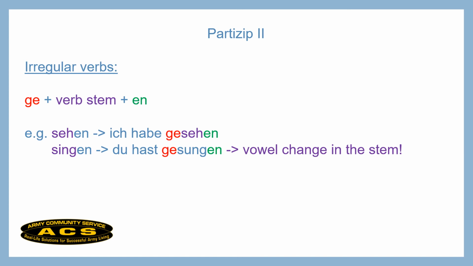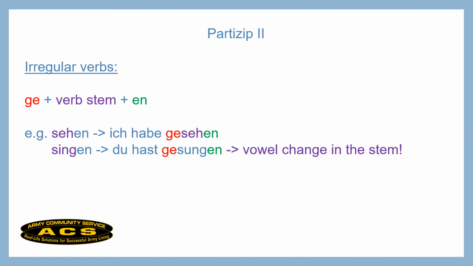For irregular verbs, I also add ge as a prefix basically to the verb stem, and then at the end, instead of a t, I'm adding en. So for example, sehen as the infinitive, my perfect would be ich habe gesehen. Or singen, du hast gesungen.